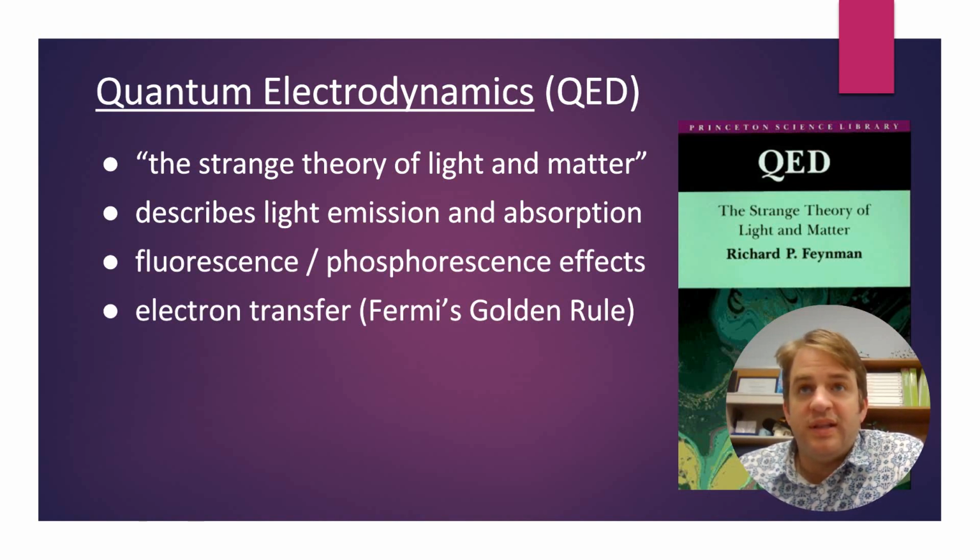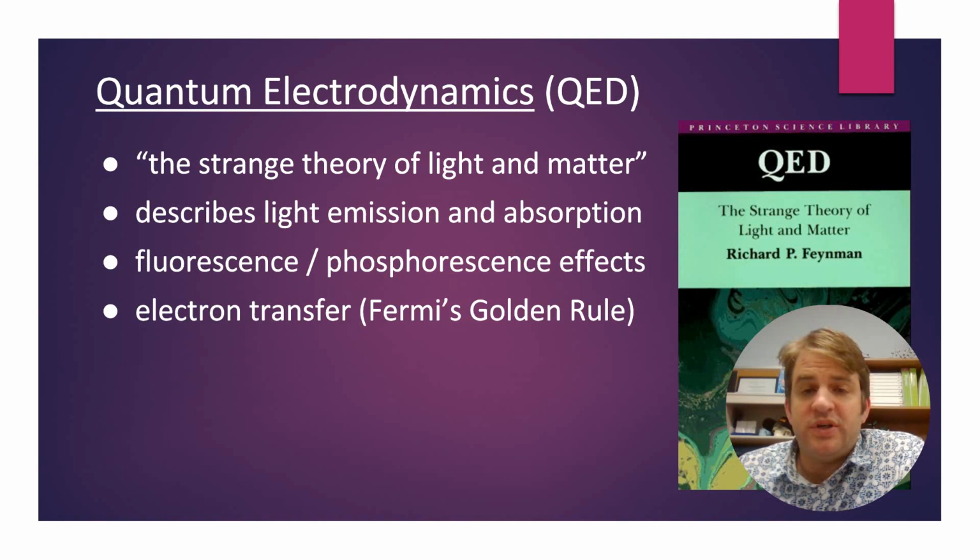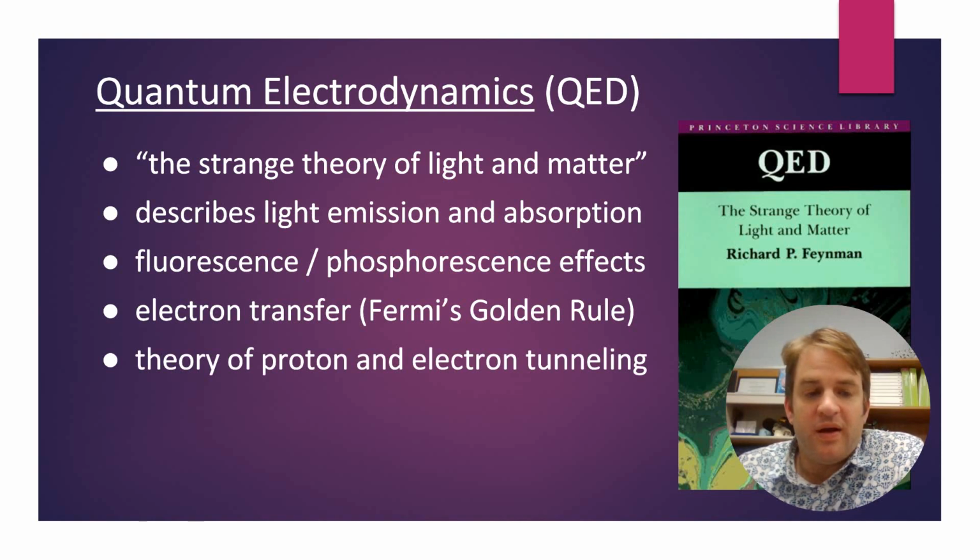It also leads us to the development of something called Fermi's golden rule, a classic equation derived in quantum physics, classic in the sense that it is very well known and a basis for many calculations, such as calculations of electron transfer rates, which are critical to many areas of molecular biology, quantum biology. It also enables the theory of proton and electron tunneling.